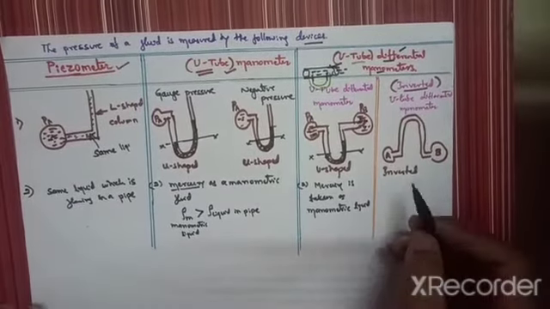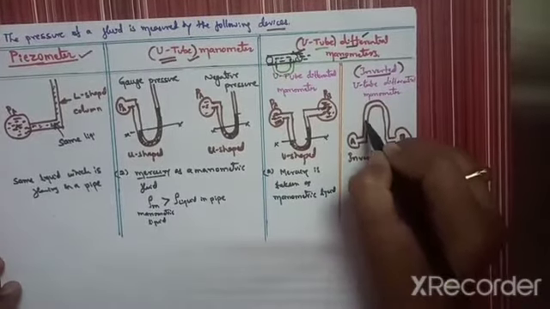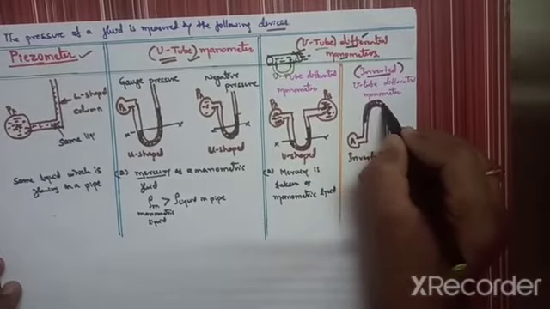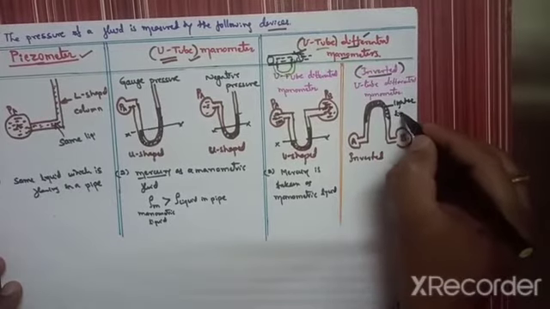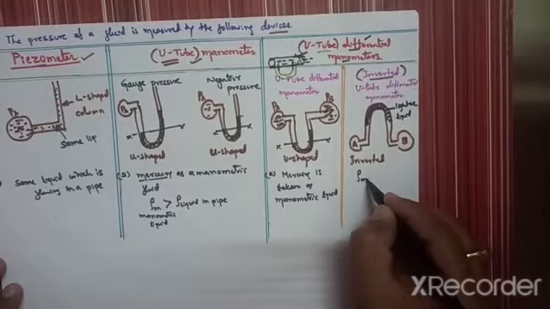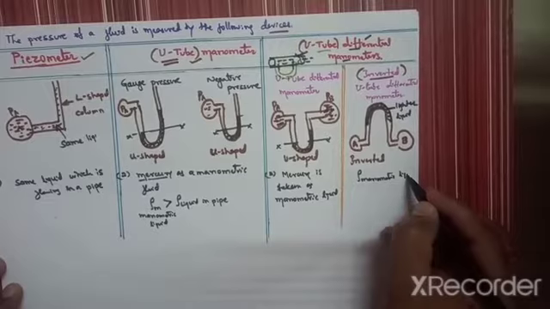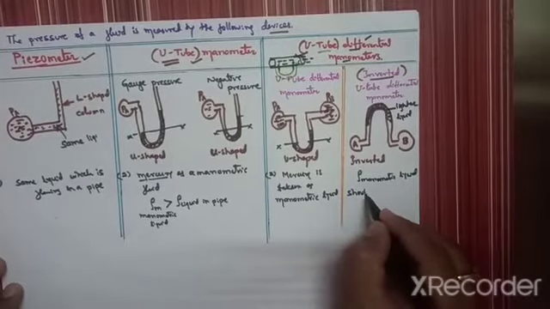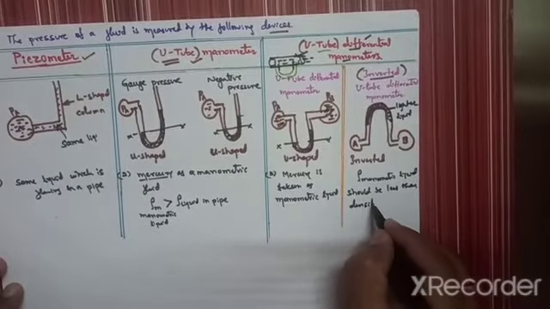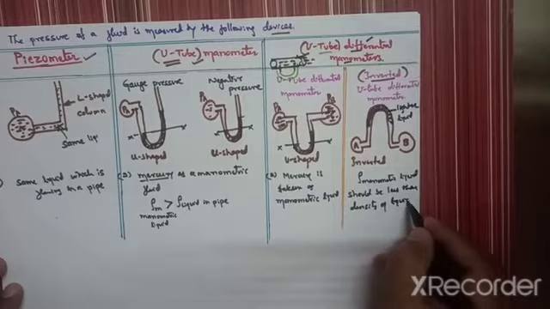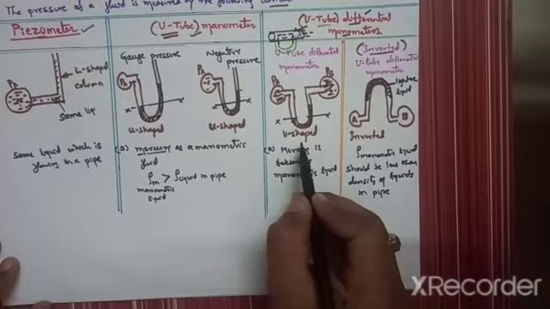But in the inverted U-tube manometer, the manometric fluid that you have selected should be a lighter liquid. Lighter liquid means the density of the manometric liquid should be less than the density of the liquids in the pipe. It is very important compared to the U-tube differential manometer.